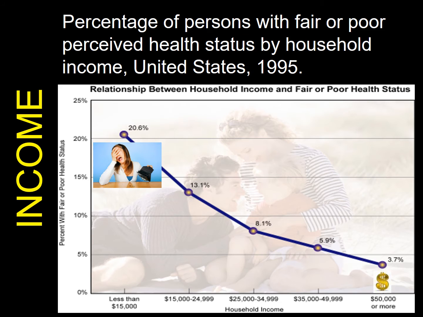So that's what you're seeing on the graph. The blue line is going down as income increases. Self-rated health has been shown by other types of research to correlate really well with actual health. So if you are feeling unwell, take note and maybe talk to someone about that.